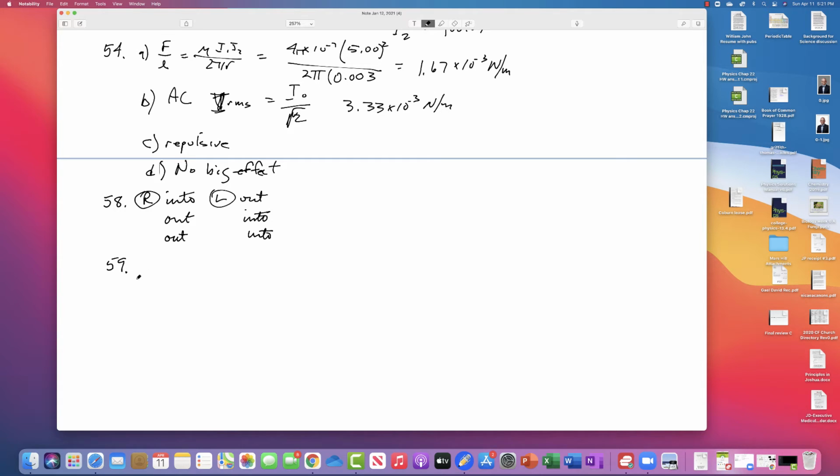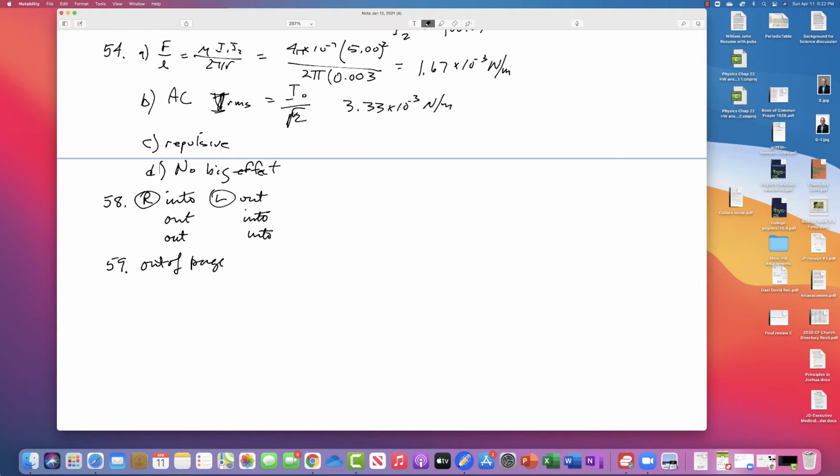Now when you do number 59, you take your fingers and point them in the direction of the current. So the first, on A, you're holding your hand in front of you and making a backward C, and the thumb is coming out at you. And so that means that the field is out of the page as a result of that current that's shown.